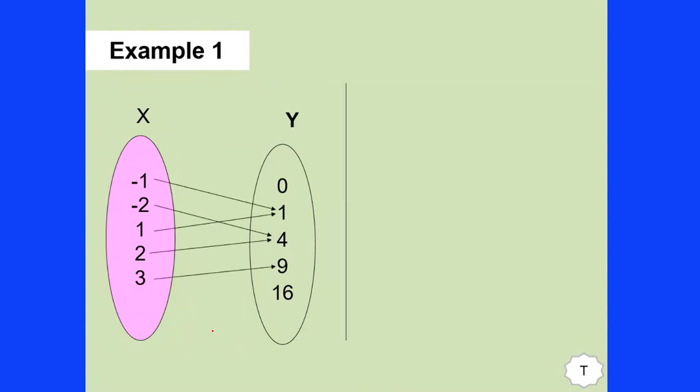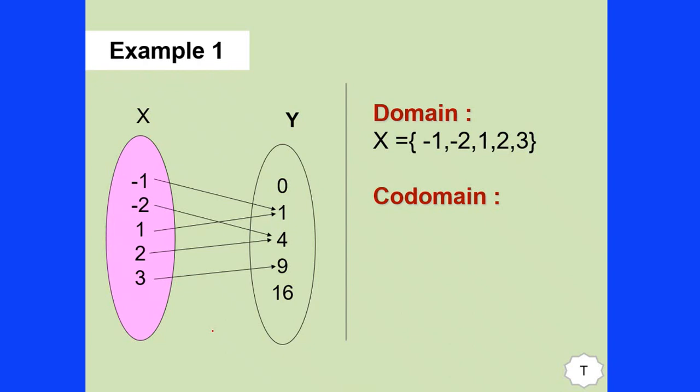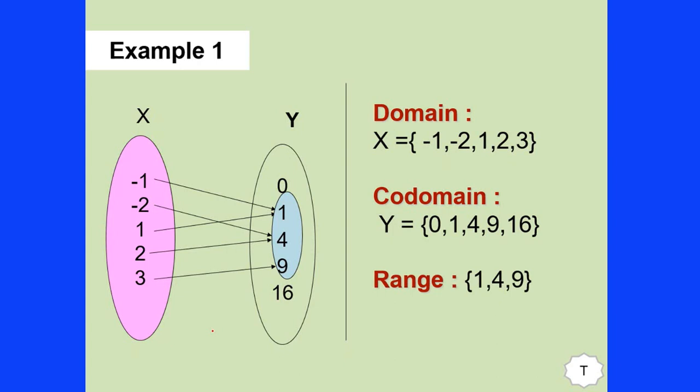So it maps -1 to 1, -2 to 4, 1 maps to 1, and so on. So now for the purple domain, we must use all, list down all the domain. The codomain is everything that is there. Range is only the codomain that is used. So the domain must use all. Only then do we call it a function. If even one element of the domain is not used, we cannot say this is a function. Okay, for example, let me give one now.